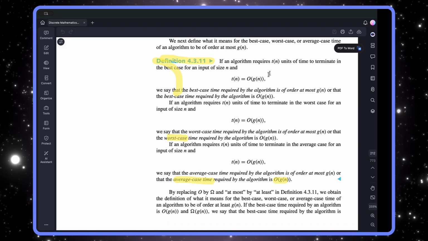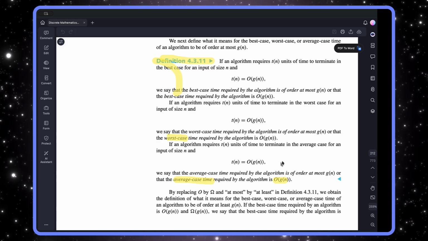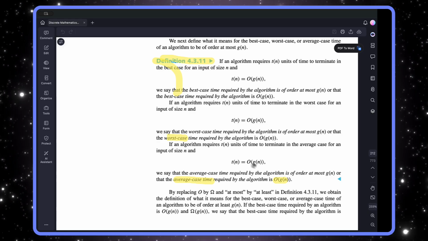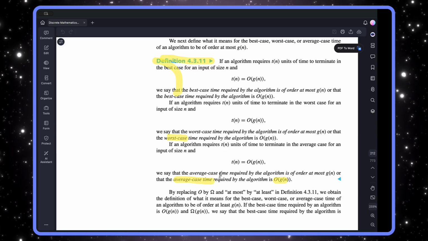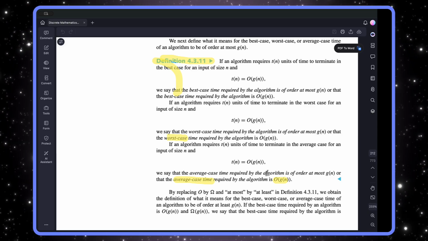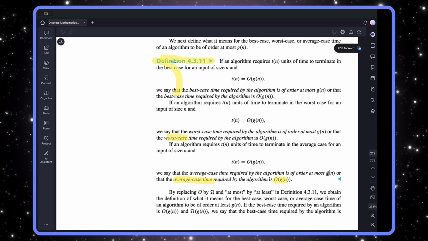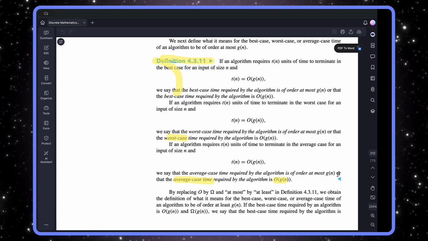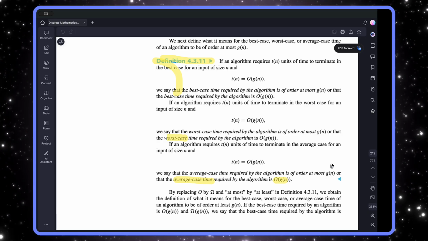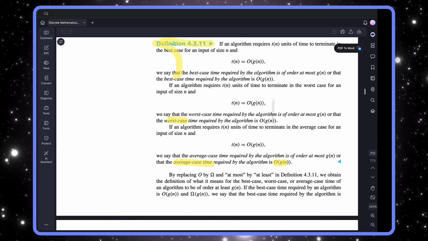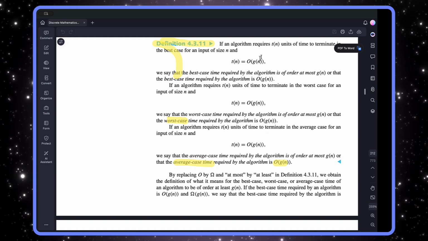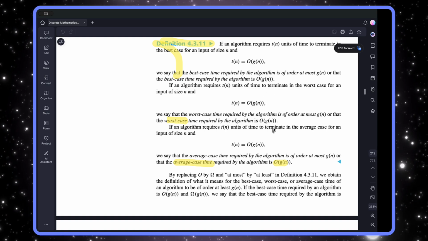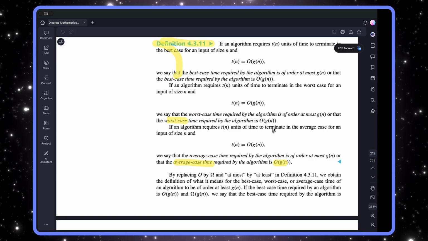So notice here we're trying to get an upper bound on how much time it takes. If you have this, we would say that the average case time required by the algorithm is of order at most g of n. And it's really important to be able to approximate this, because this tells you how long you can anticipate the program would take to terminate.